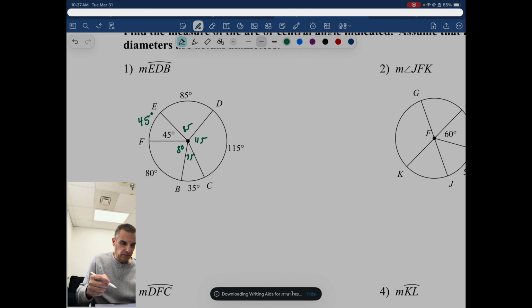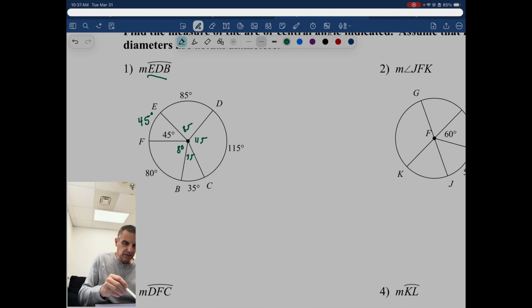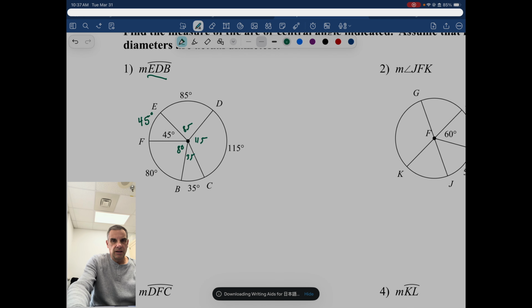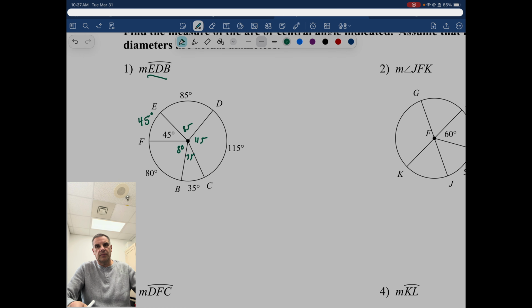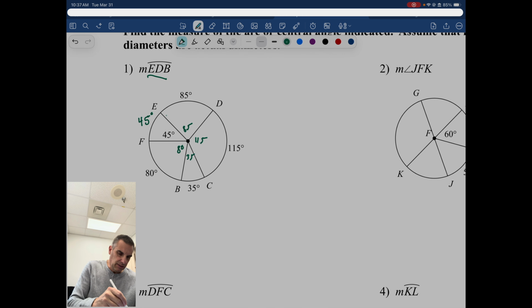Now it wants to know the length of the arc EDB. It's 3 letters, so I know it has to be more than 180 degrees. EDB, so there's E, there's D, and there's B. So I've got 85 plus 115 plus 35.